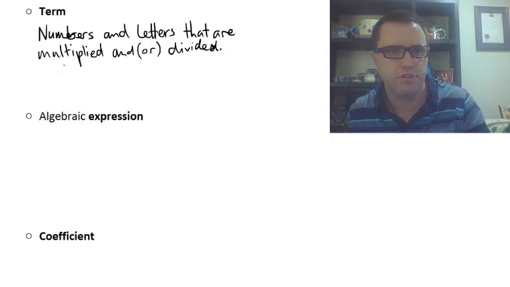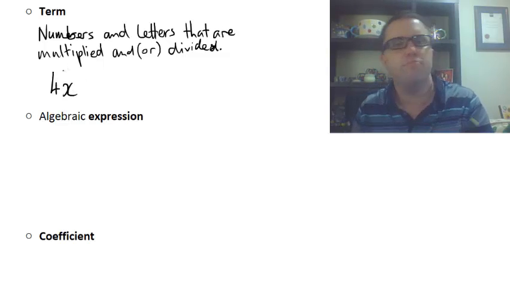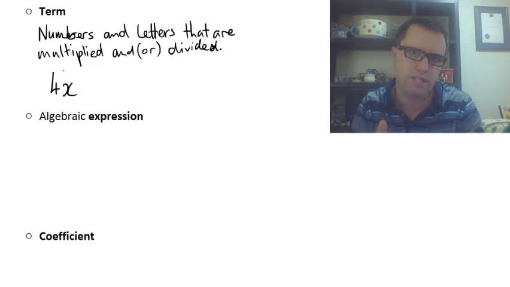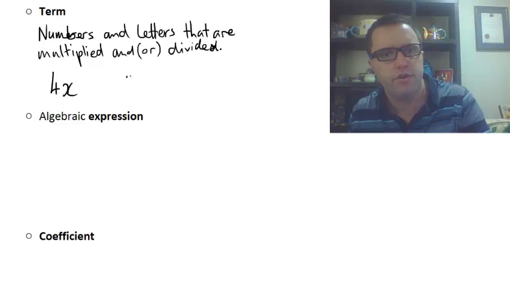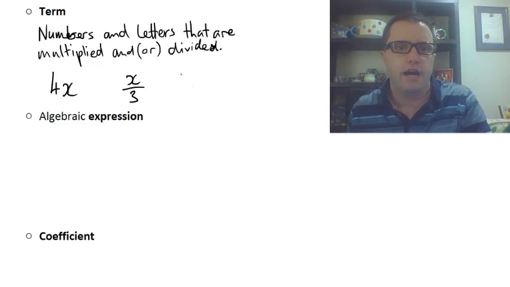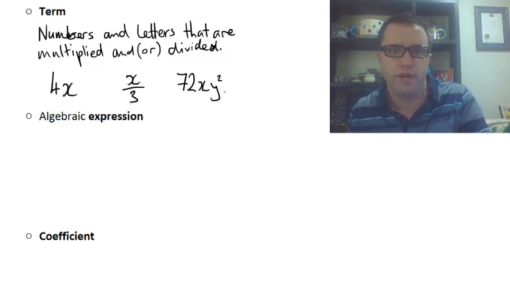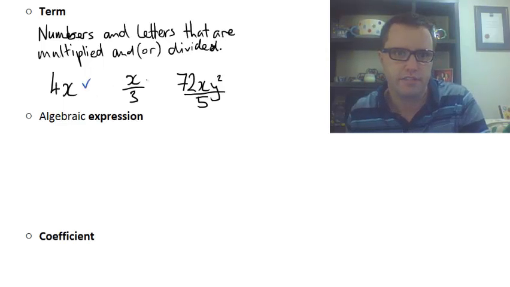For example, a term might be 4x, as we said before, because that's a 4 multiplied with an x. That's a term sitting there all by itself. We can also have terms like we had before: that x over 3 is also a term. 72xy squared over 5 is a term as well. So these three things are terms.